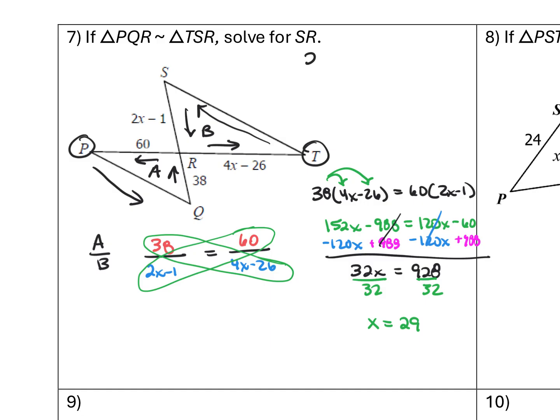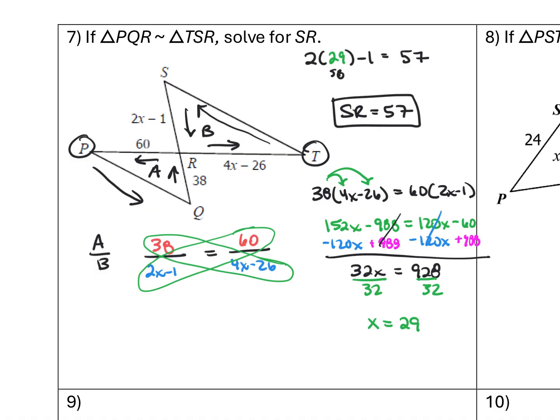So 2x, I'm going to substitute 29 for x, minus 1 is equal to 29 times 2 minus 1 equals 57. Because 29 times 2 is 58. 58 minus 1 is 57. So SR is equal to 57.